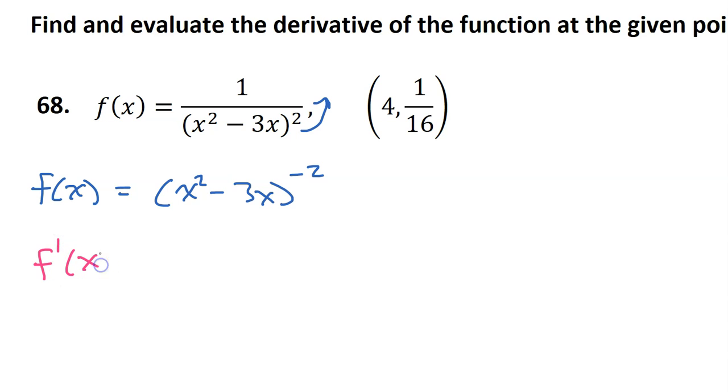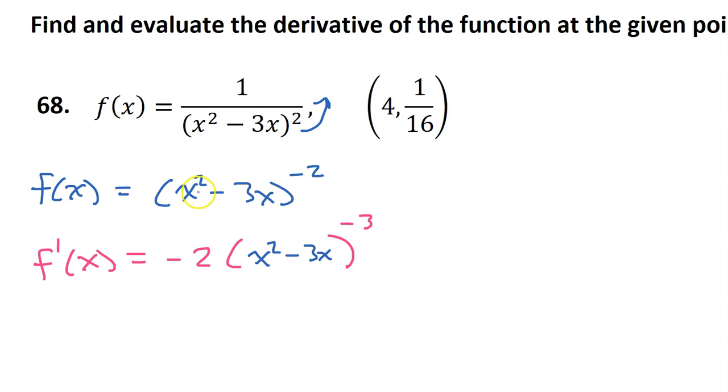So f prime equals, first we take the derivative of the outer function, which is the negative 2 power part. So I'm going to take that negative 2 and put it in the front, and I'm going to reduce this power by 1 so it becomes negative 3. Meanwhile, I leave the inner part the same, x squared minus 3x.